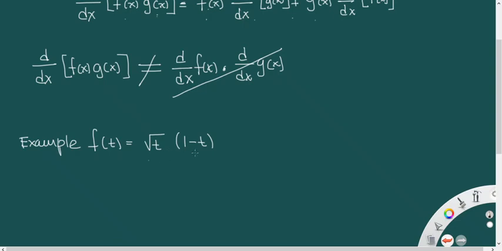Okay, so if we are going to use the product rule, let's use it.